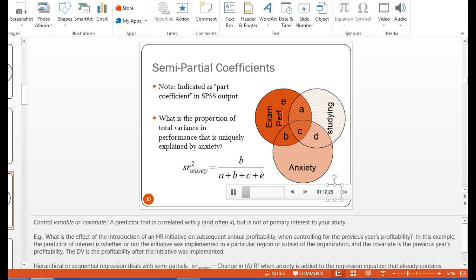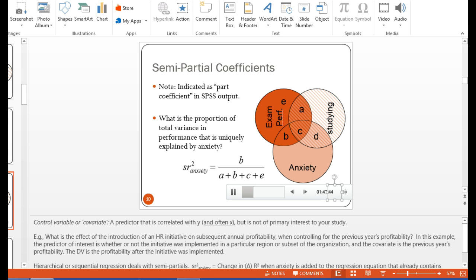So an example that I thought of, let's say that you're implementing an intervention of some kind in an organization. So like there's an HR initiative and you're trying to examine its impact on the org's productivity or profitability. And let's say that you have several subunits of the org or regions and you're going to implement the intervention in some regions and not others, and then you'll compare them in terms of their profitability.